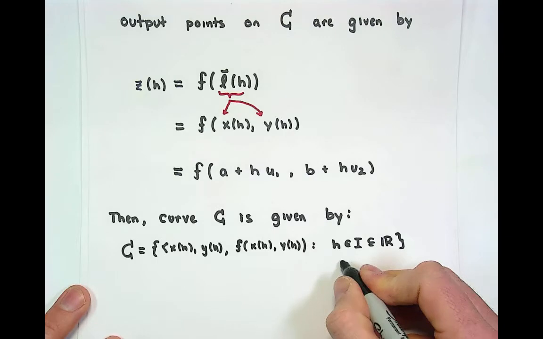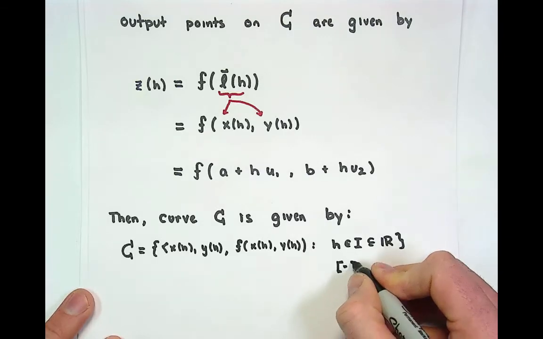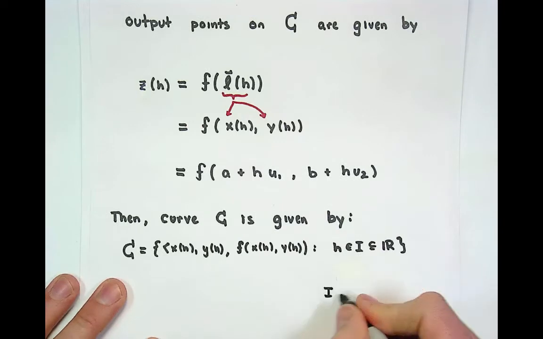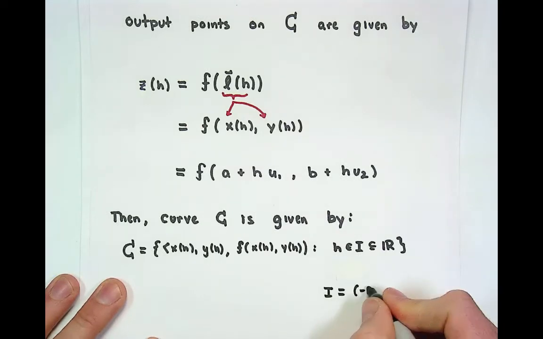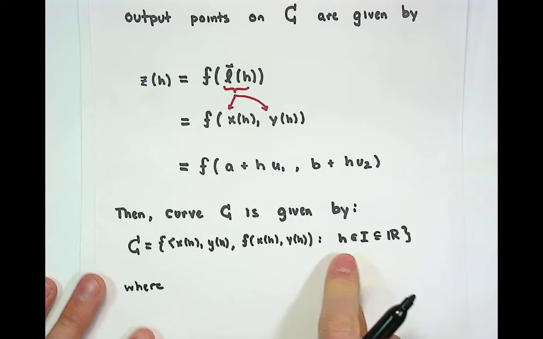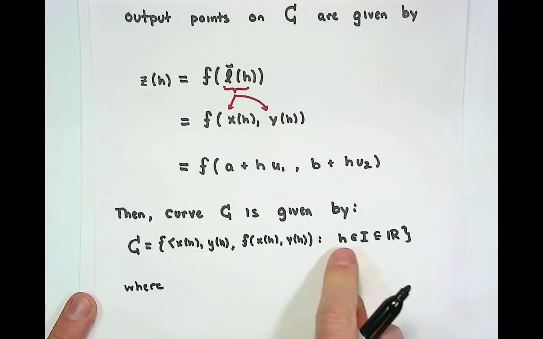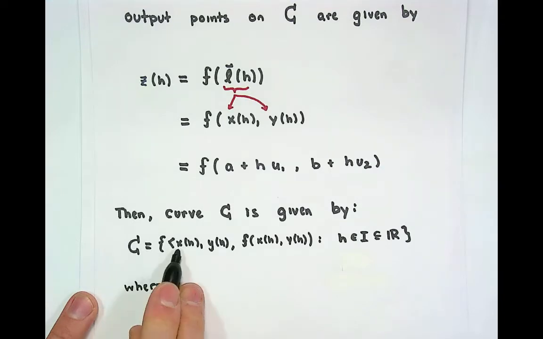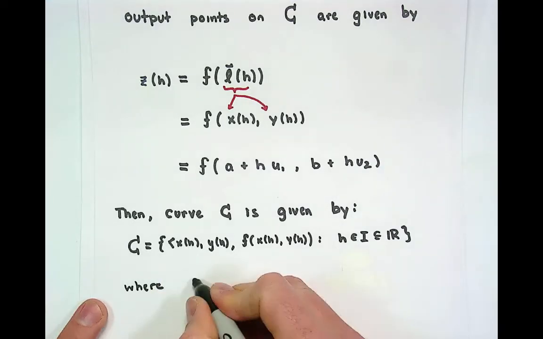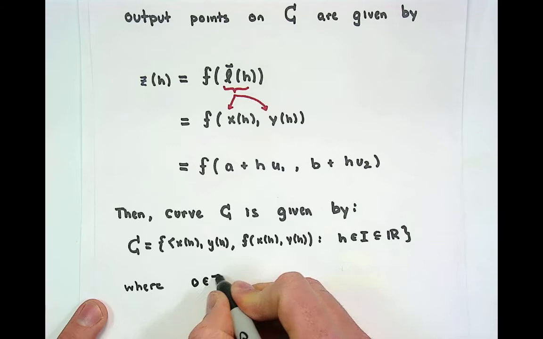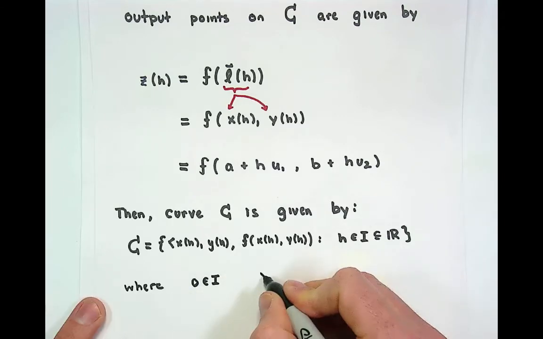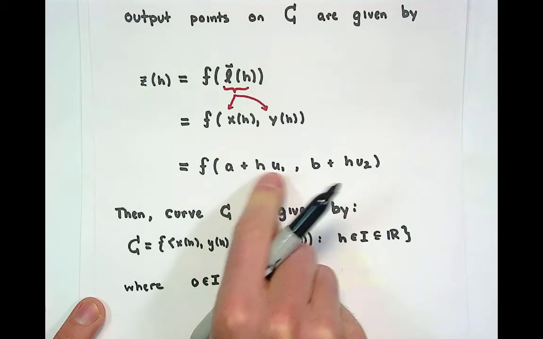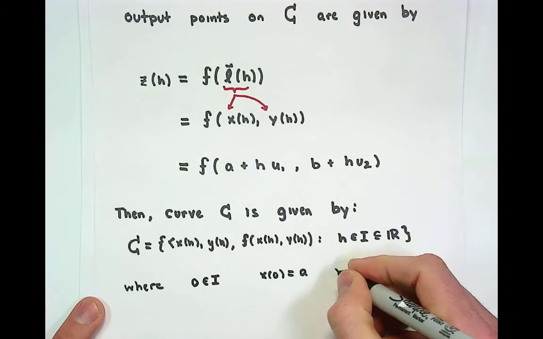So in this case, maybe you say that our interval is like negative epsilon, where our interval for our parameter includes the point A, B, where 0 is an element of I. And notice that x of 0 is A, because if you just put 0 here, those cancel out and I have this.